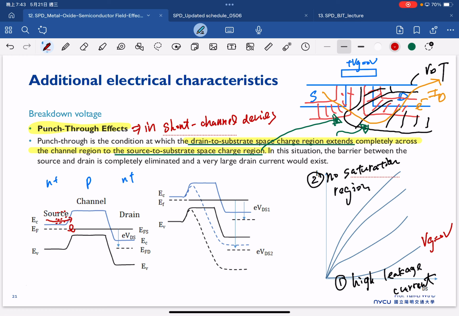Therefore, the electron here is not able to go through to overcome the barrier.